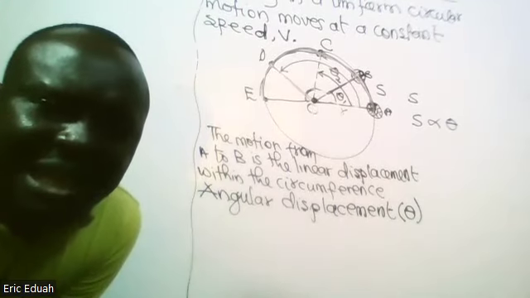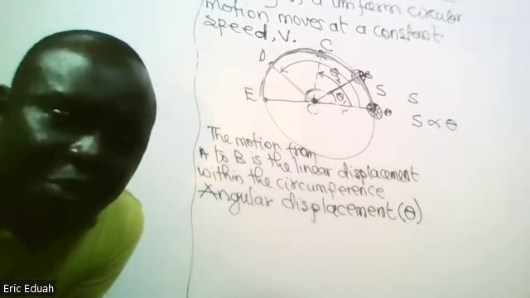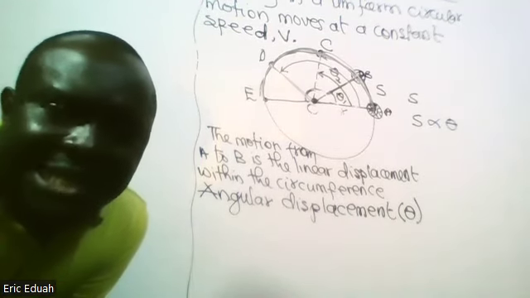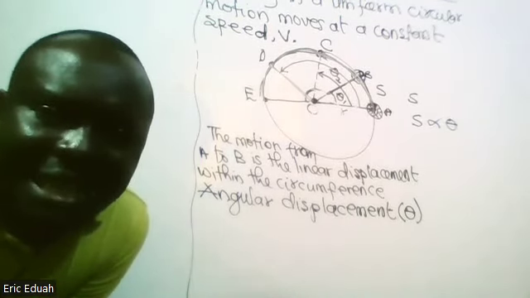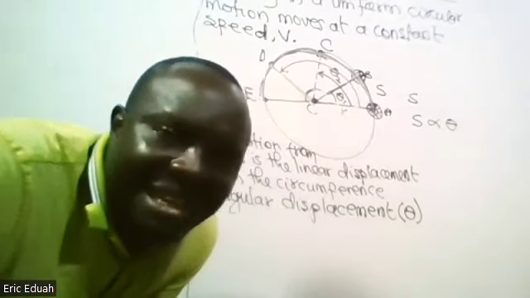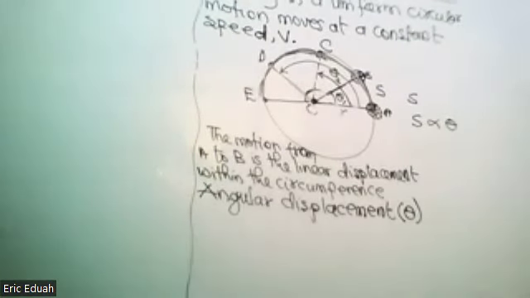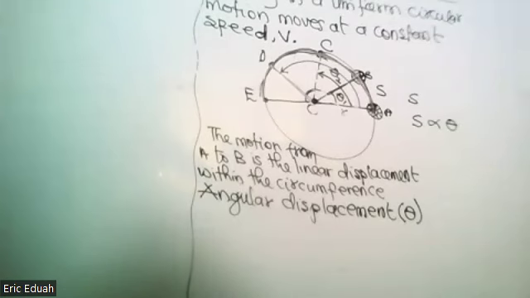How can you explain angular displacement to your younger sister or brother based on the explanation given? Carl. Please, angular displacement is the angle described by a body moving on a circular path.